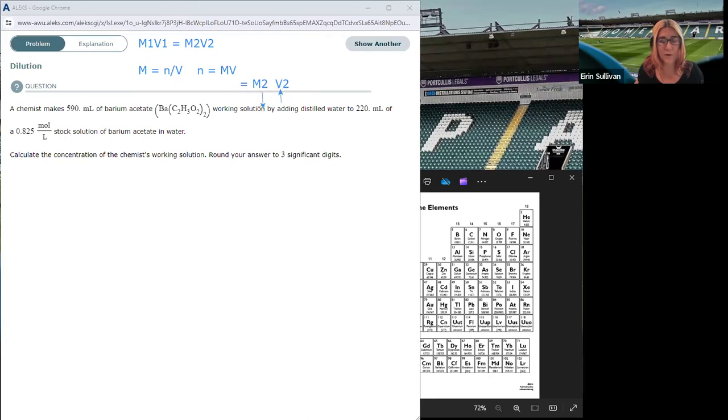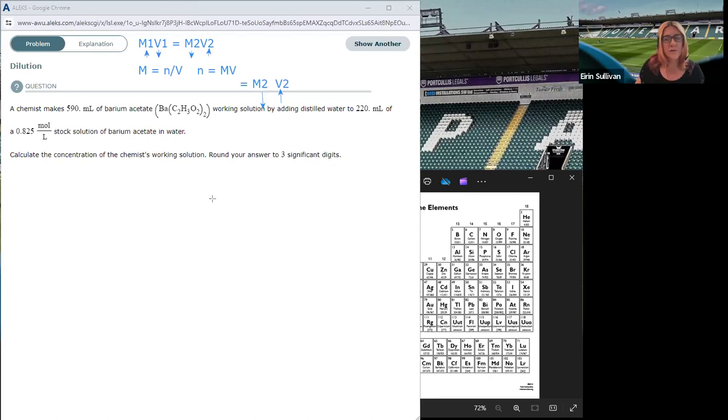Your dilute solution is always going to have a larger volume and a smaller concentration than your concentrated solution, the one that you start with, which always has a smaller volume and a larger concentration.